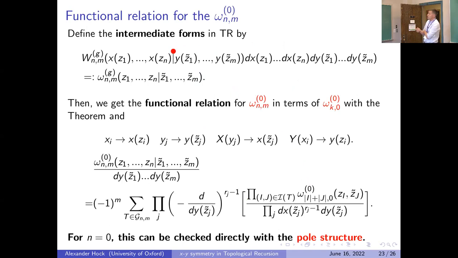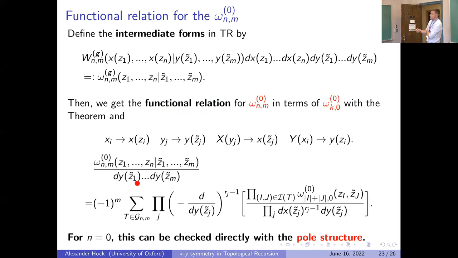But what we can do with these w, g, and m's, or just for 0, I said, we can then define an omega g and m, some kind of intermediate forms of topological recursion, which are given by just multiplication of dx z1 up to zn, dy z1 tilde up to zm tilde. And we pull them back on the z plane.